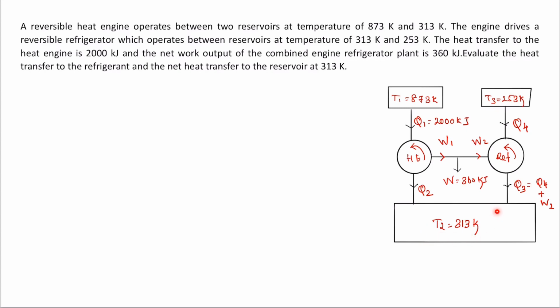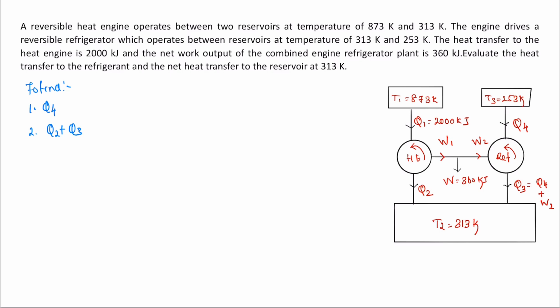We have to find the amount of heat given to this reservoir, which is nothing but the combination of Q2 and Q3. So we have to find the value of Q4 and the combination of Q2 plus Q3. We have to find both these values.